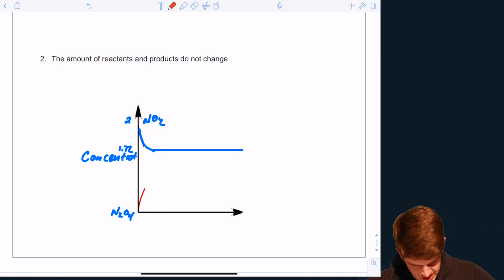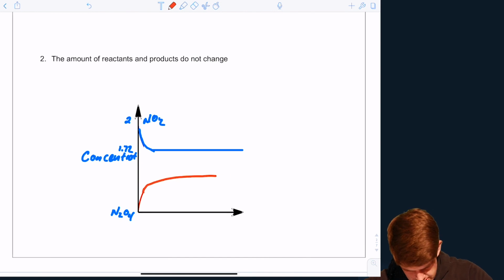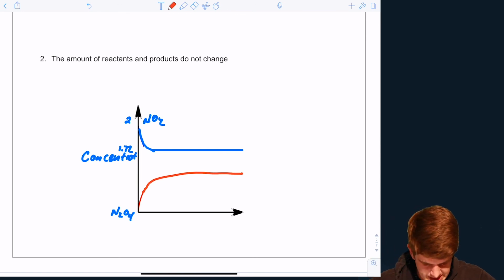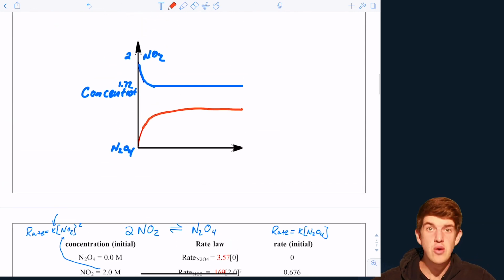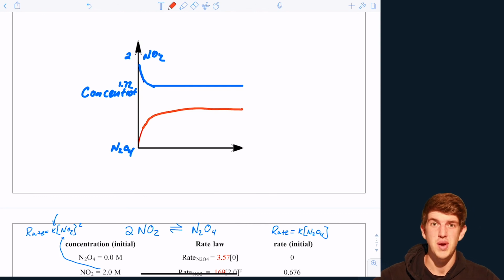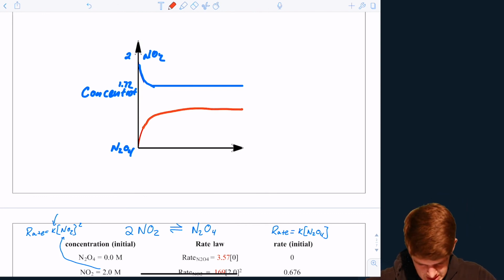Same thing is going to happen for my N2O4. That concentration is going to level out, and it's going to not change anymore, because as my N2O4 turns into NO2, my NO2 is turning back into N2O4. So the rate of transformation from one to the other is proportional.